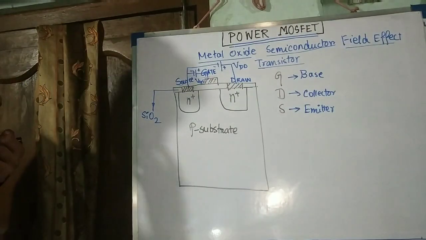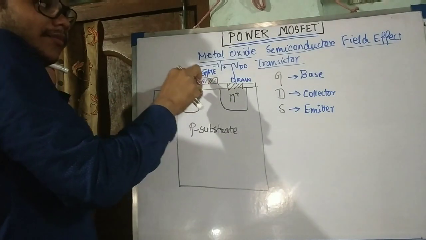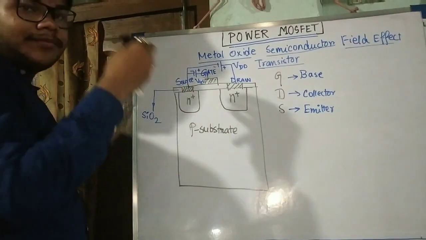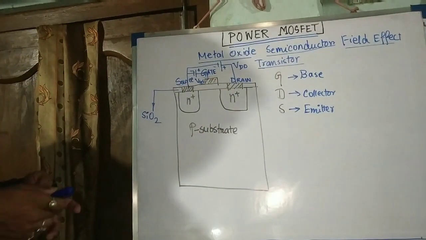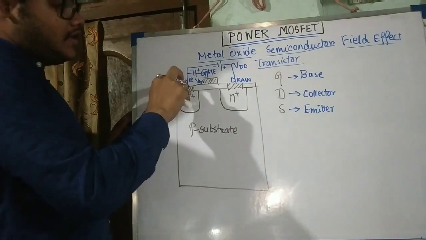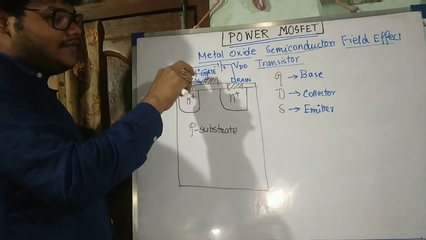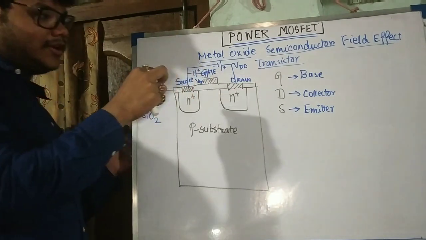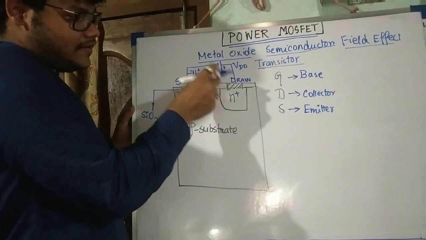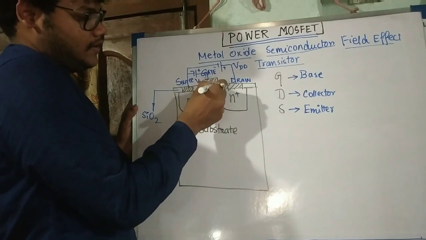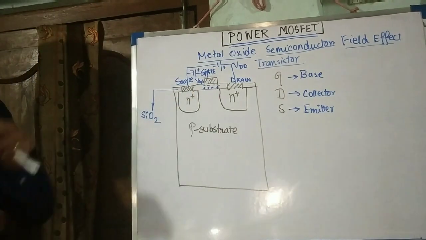Now, what is the working principle? Whenever no voltage is applied to the gate terminal, there is no current flow. But whenever you apply some voltage to the gate terminal, that means the voltage must be negative at the source terminal and positive at the gate terminal, an electric field is established in this layer, like this.